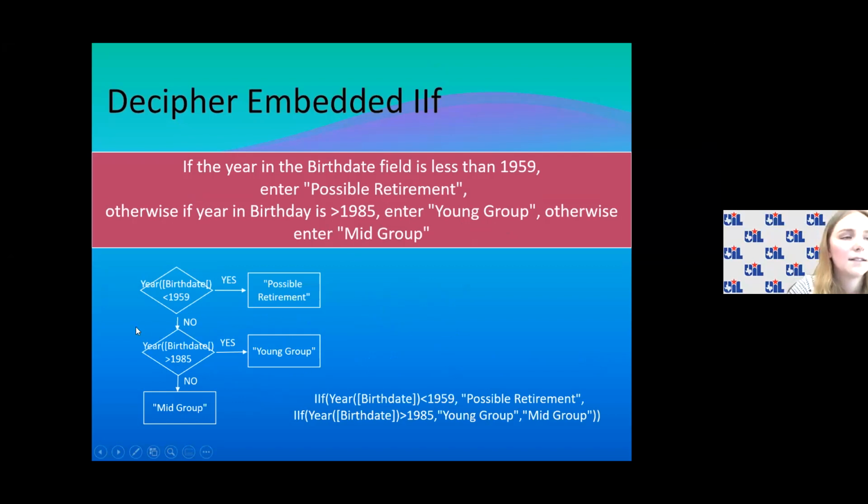Okay. So if no, we want to see if the birth date is greater than 1985. And if it is, they're going to be in a young group. And if they aren't, they're going to be in a mid group. So this is our second if statement, and we're just going to put that in with our first one here.